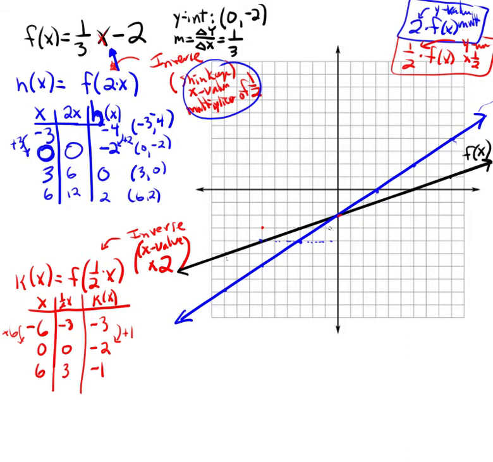So if I look at that, my x value originally was -3, and that inverse of the multiplier of 2. So that inverse of 1/2, because it's inside with the x, is a multiplier of 2.